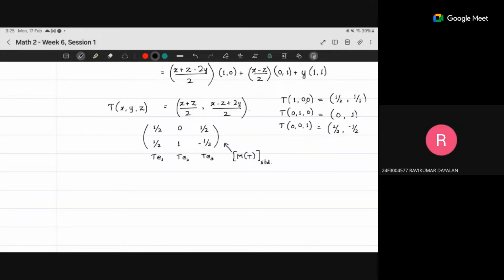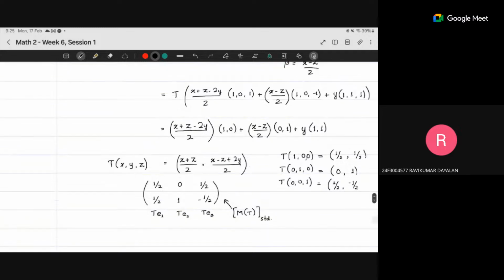How did you get that x plus z by 2 comma x minus z by 2 plus y from the previous equation? These are scalars, right? You just multiply these two things. So what is the first component? It is x plus z by 2 plus 0 times x minus z by 2 plus y.